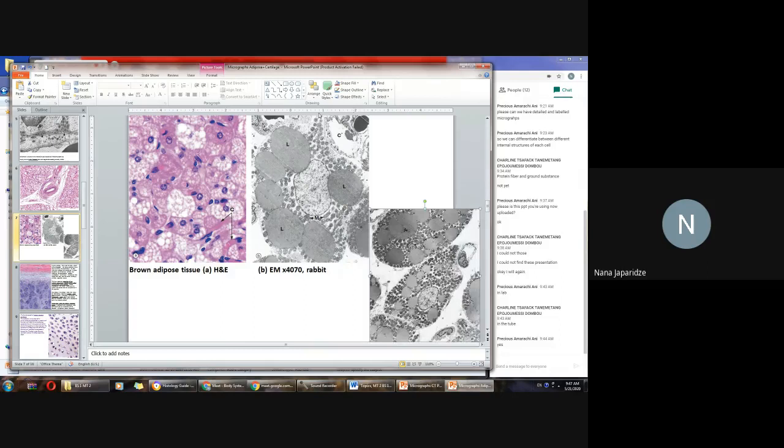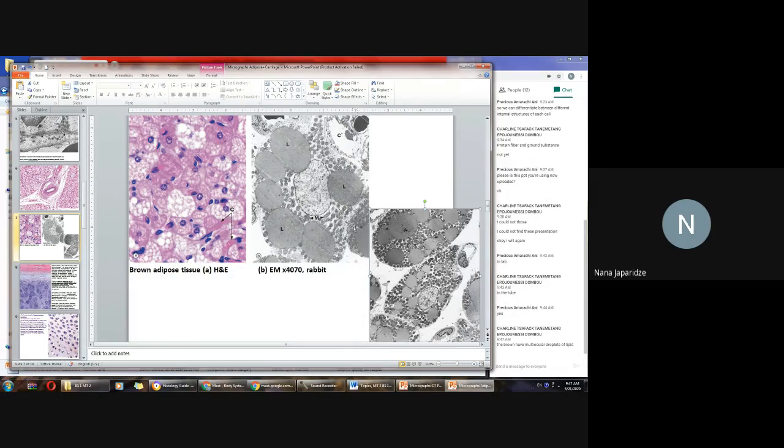You see here several lipid droplets. Others are not visible because this plane of section includes only these droplets. In the center is the nucleus.